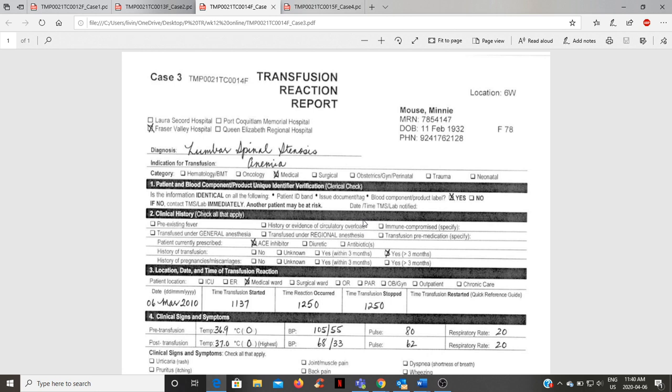The transfusion was stopped, and the transfusion medicine services and the physician were phoned. The transfusion reaction report form, the RBC bag and tubing, the post-transfusion samples, and post-transfusion urine were sent. Okay, so that's our case.